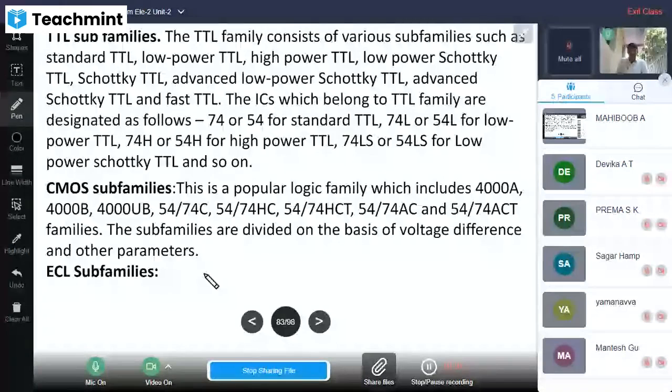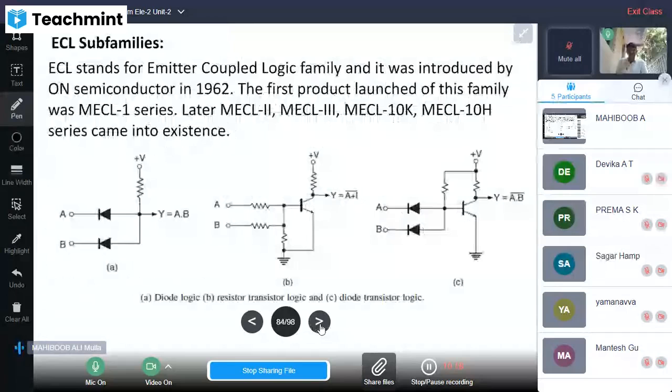So next, ECL subfamilies. ECL means emitter coupled logic. ECL is a standard emitter coupled logic family, and it was introduced by ON Semiconductor in 1962, the name of a manufacturing company.